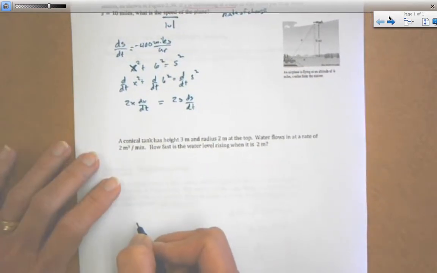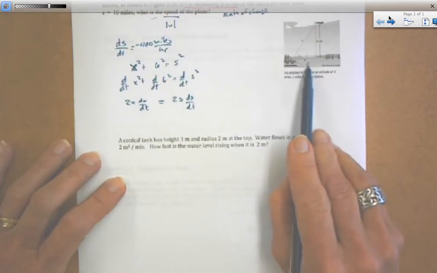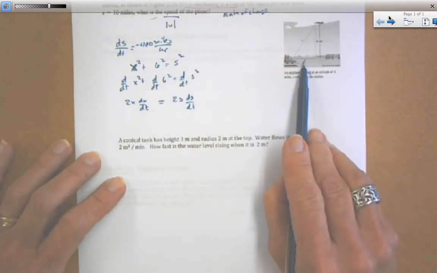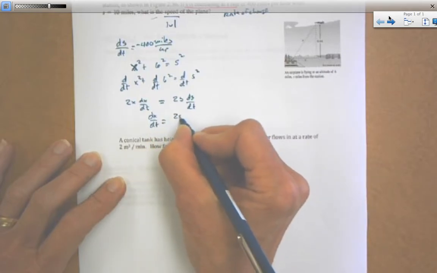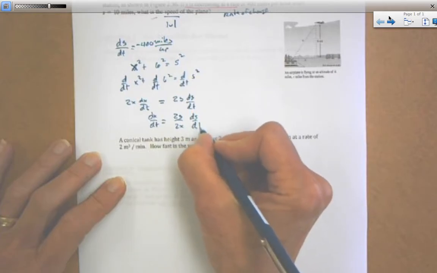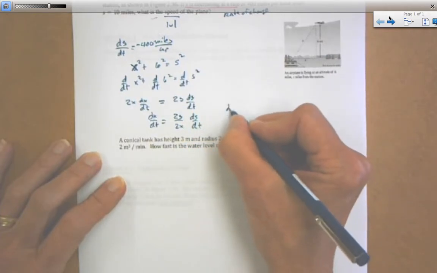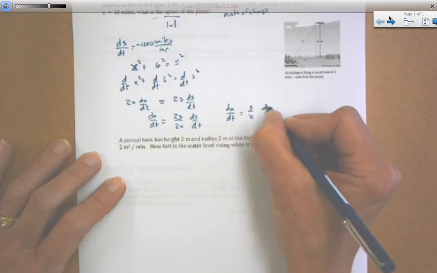So we're getting a little bit closer. We want to find the speed of the plane. The ground speed is the rate of change of x, so I'm going to solve this for dx/dt. So that's 2S over 2x times dS/dt, so dx/dt equals S over x times dS/dt.